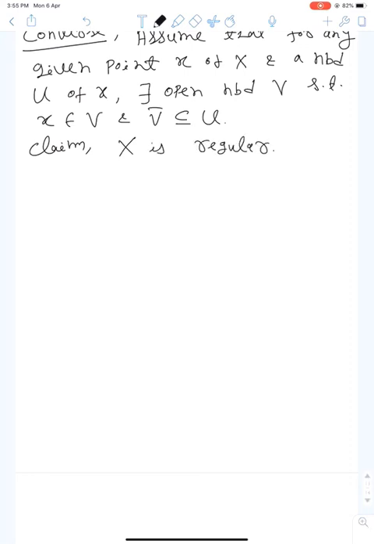So we prove that for any pair of one point and a closed set, they are separated by open neighborhoods.